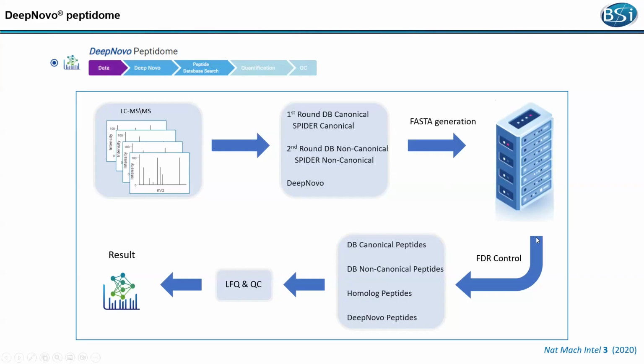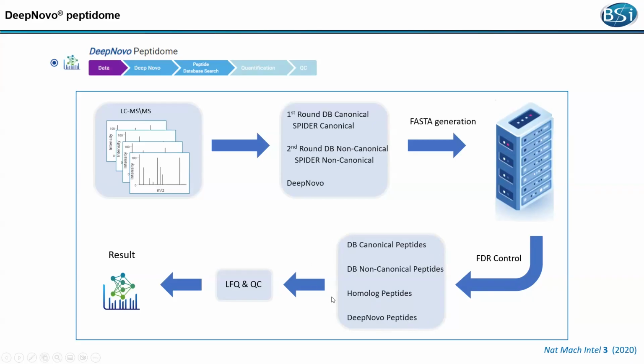So in this round of search, DeepNovo peptides, all the DB peptides, and the SPIDER search mutated peptides are combined for accurate FDR estimation. We will have another round of FDR estimation here, and the outputted peptides are characterized as database search canonical peptides, database search non-canonical peptides, mutated or homolog peptides, and DeepNovo peptides.